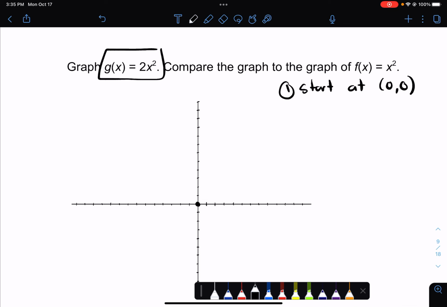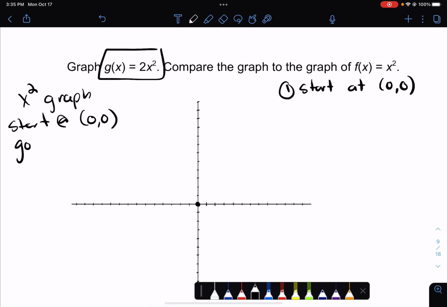Normally, if that 2 wasn't in front, maybe what we should do is graph x squared first. So in black, we're going to graph x squared. The way x squared works, and if you want to add this to your notes, you start at 0, 0, and then you go over 1 and up 1, and that's going to be a point.